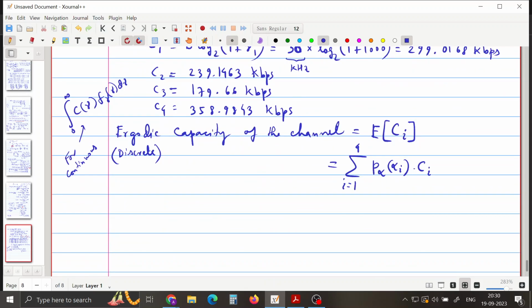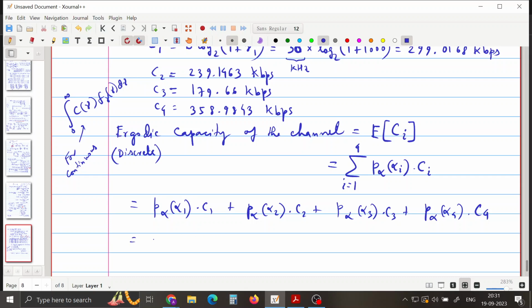So this will be p alpha of alpha 1 times C1, plus p alpha of alpha 2 times C2, plus p alpha of alpha 3 times C3, plus p alpha of alpha 4 times C4.